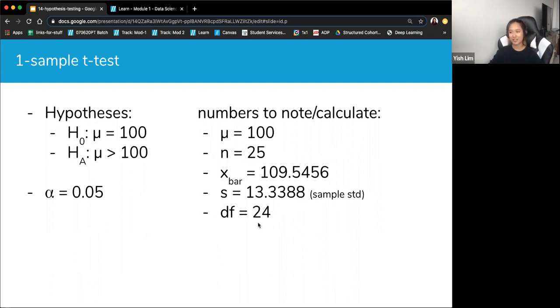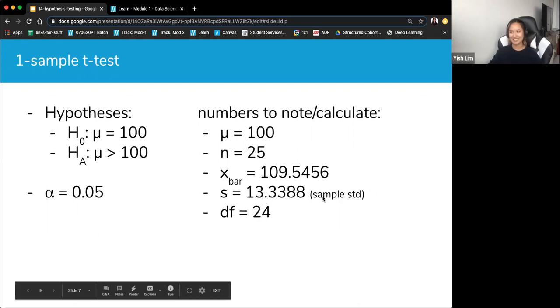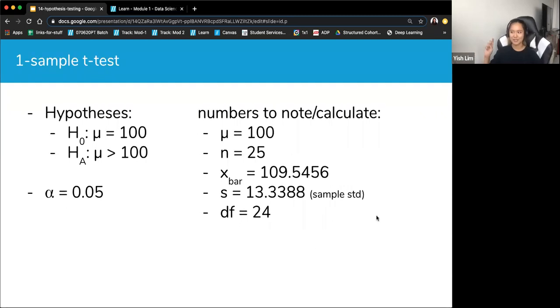And the degrees of freedom. I know it's confusing because we've been working with data frames, but at least in statistics, DF is degrees of freedom. Degrees of freedom is 24 because, as I mentioned last study group, DF is always n minus 1, so whatever the number is in your sample, minus 1. So these are the numbers to calculate.